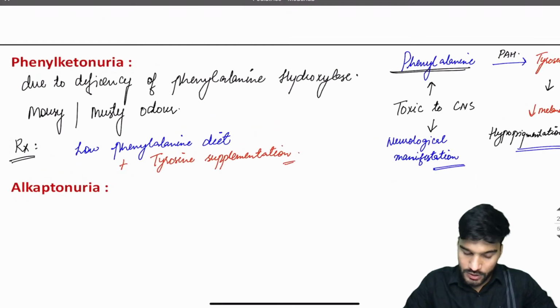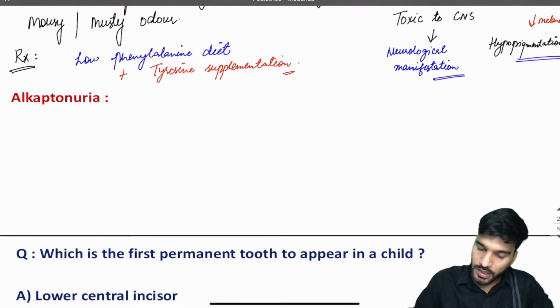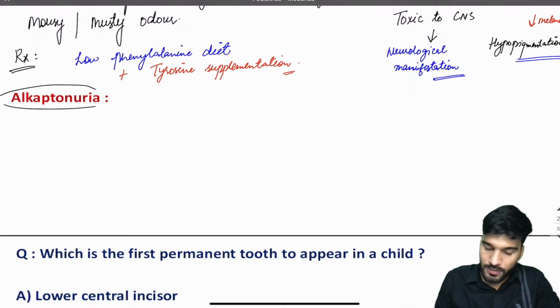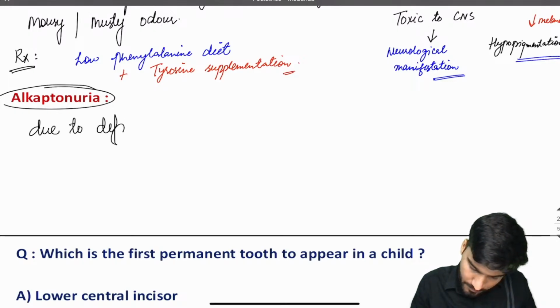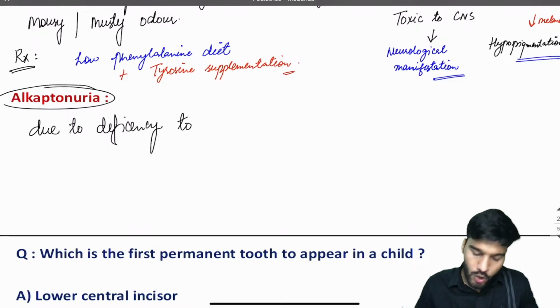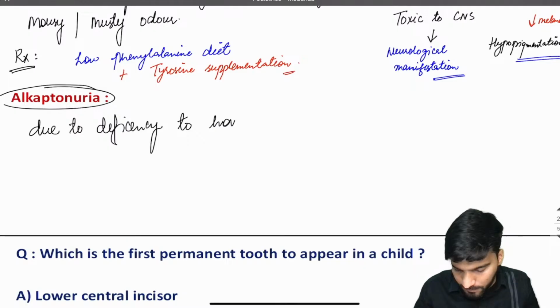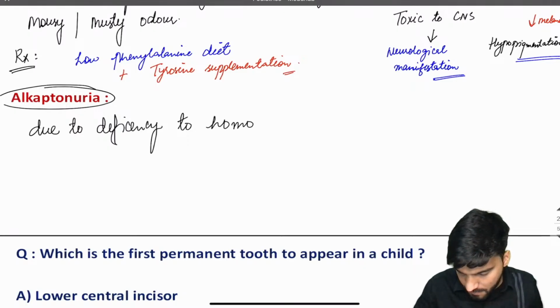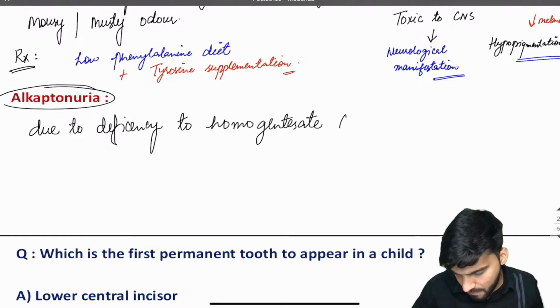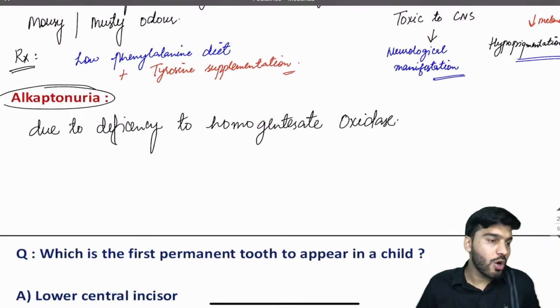Clear? Chalo, next one is alkaptonuria. You already know about this alkaptonuria as well. So alkaptonuria is due to the deficiency of homogentisate oxidase.